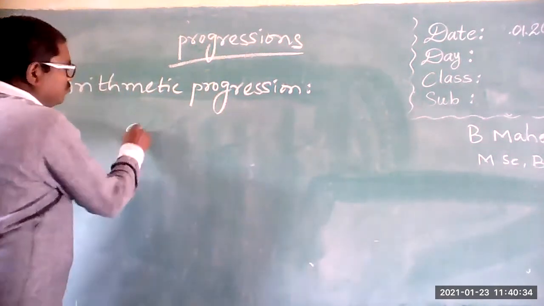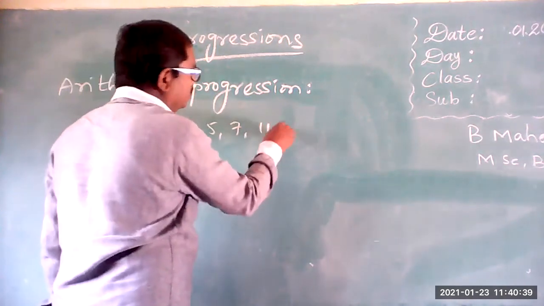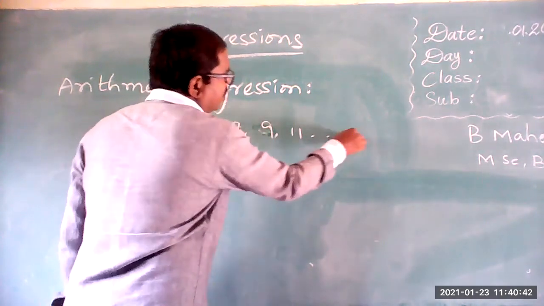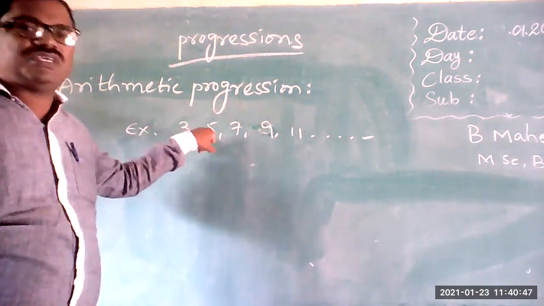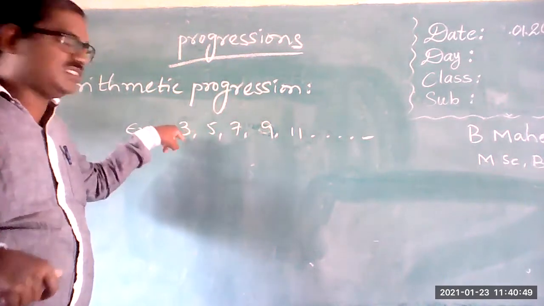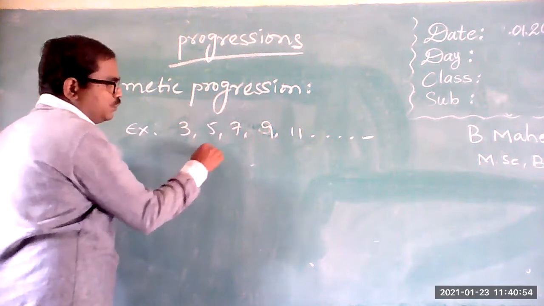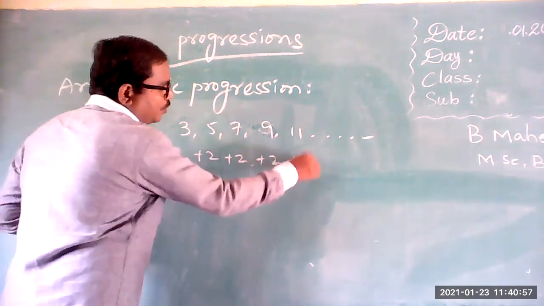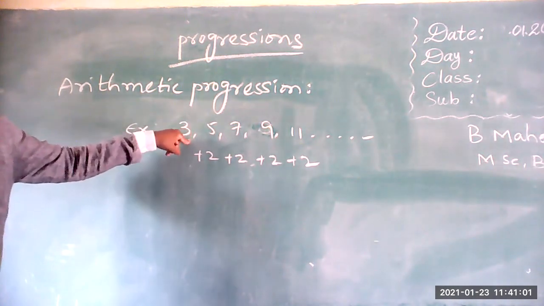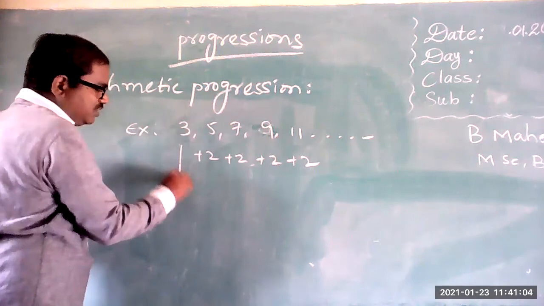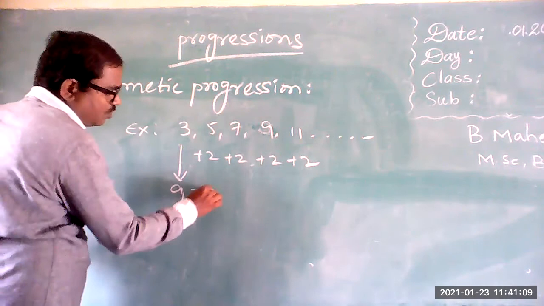For example, 3, 5, 7, 9, 11. In the given series, between two terms there is a fixed value, except for the first term. Each number differs by the same value: plus 2, plus 2, plus 2, plus 2. This type of arrangement is called an arithmetic progression. In this series, 3 is called the first term. First term we denote by A1 equals A.